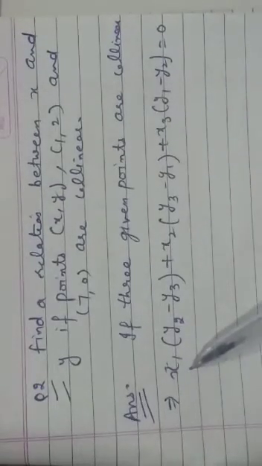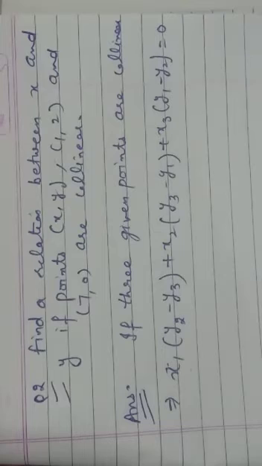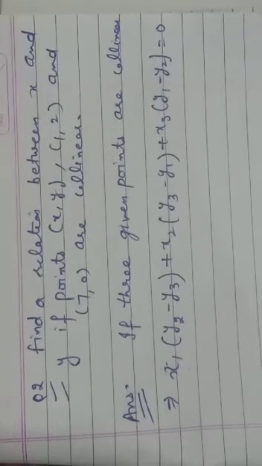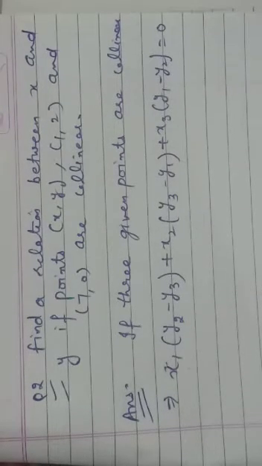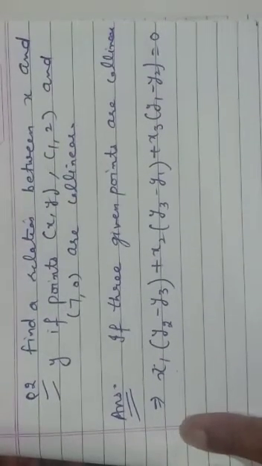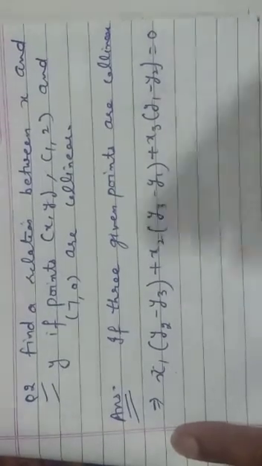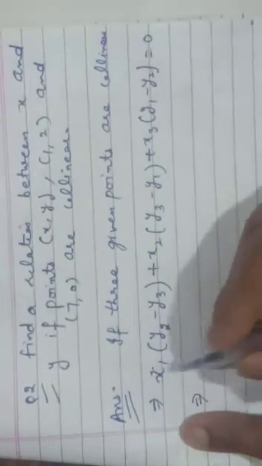So the condition reduces to: if 3 given points are collinear, then x1 (y2 - y3) + x2 (y3 - y1) + x3 (y1 - y2) will become equal to 0. Now let us put the values of x1, y1, x2, y2 and x3, y3 in the given formula.